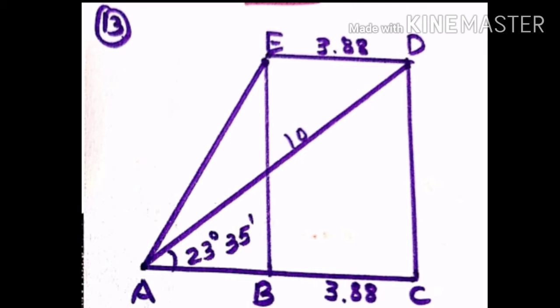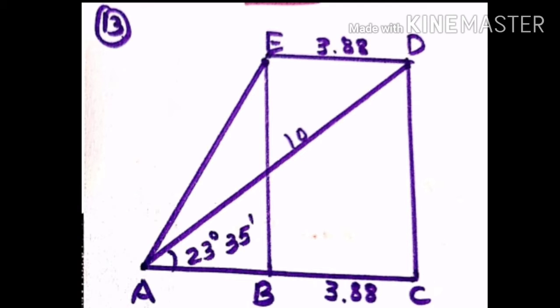Now it is already given that BCDE is a rectangle, so we can write the opposite sides equal. So I have written ED and BC both 3.88 centimeter. Now AD is equal to 10 centimeters and angle DAC is equal to 23 degree 35 minute.